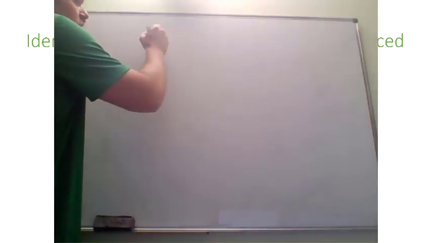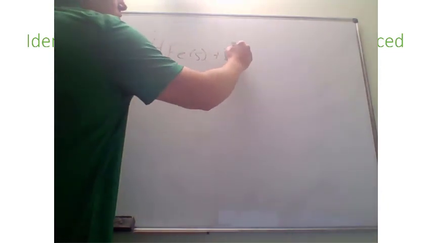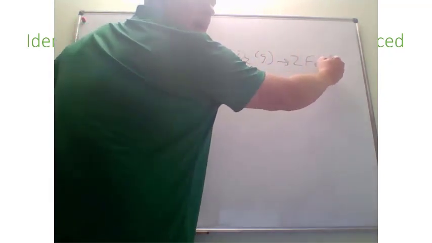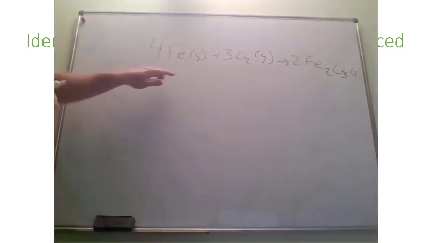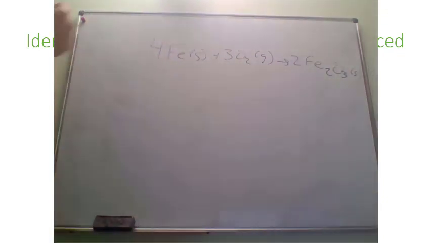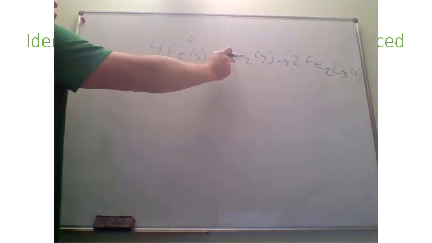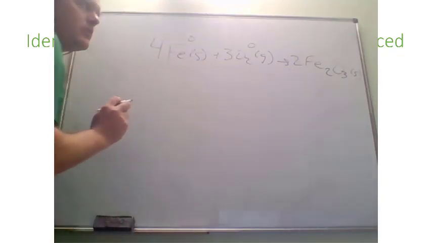Okay, so for our first equation, we have 4Fe solid plus 3O2 gas gives us 2Fe2O3 solid. So we know that our iron is in its elemental state, so that's going to have an oxidation number of 0. O2 gas is in its elemental state, so it will also have an oxidation number of 0.